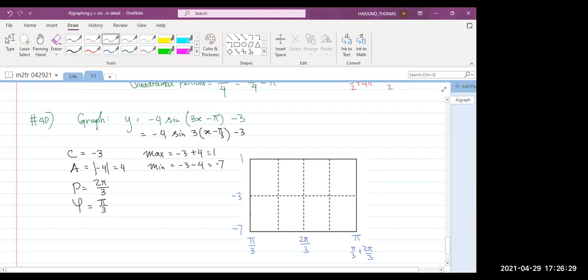Pi over 3 plus 2 pi over 3, that's 3 pi over 3, which is pi, divided by 2 is pi over 2. This is midpoint again, you get 5 pi over 6. The graph is upside down of sine, so I start from the middle, but I go down instead.